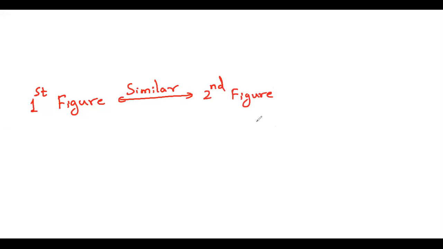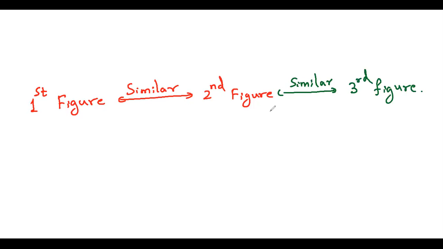And also I say my second figure, I'm saying this independently, I'm not saying they are related to each other, is similar to the third figure. Then what can I conclude? What can be my conclusion here? Can anybody say? Anybody? Yes?